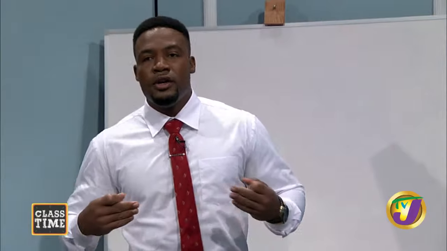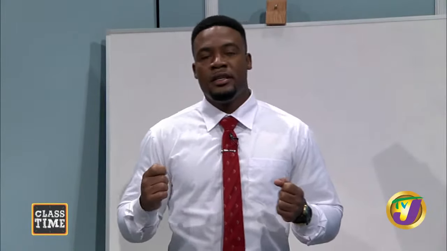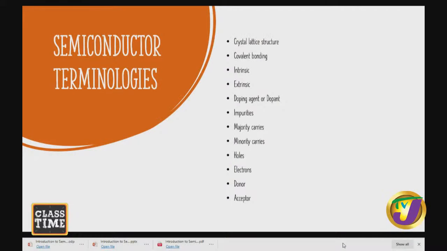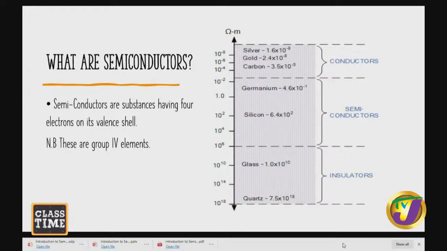In order for us to understand the concept behind this, let us look a little at the electron theory of semiconductors. We will also be guiding you along, and there are certain key terminologies that you must understand in order for you to keep up.